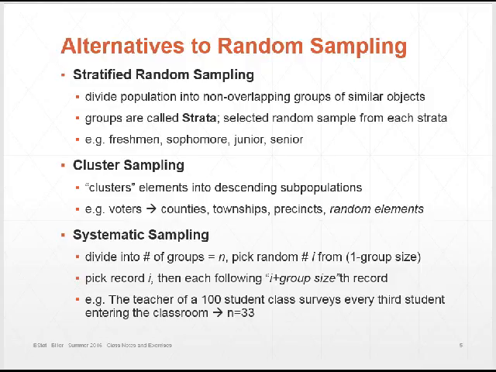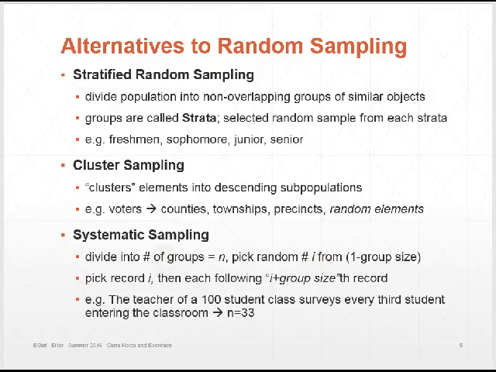And finally, one classic method of random sampling is that of systematic sampling. In this case, we divide the population into the number of groups that we want to represent the final sample size, and from each of those groups we pick a random index position.